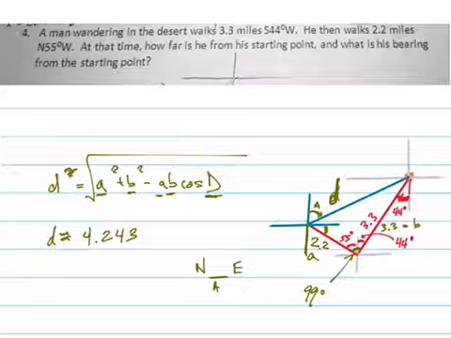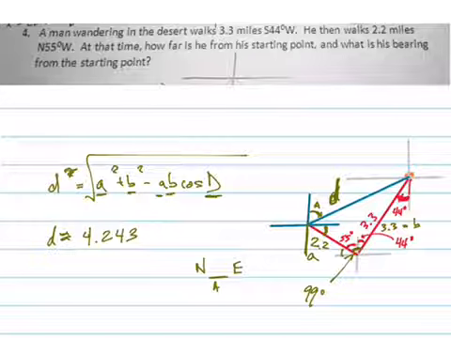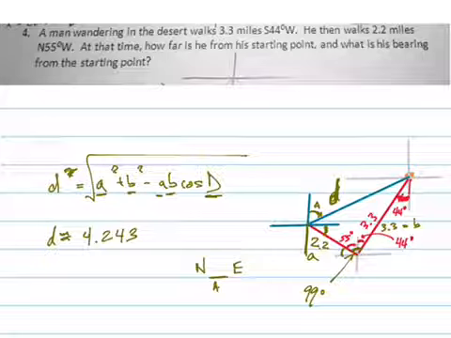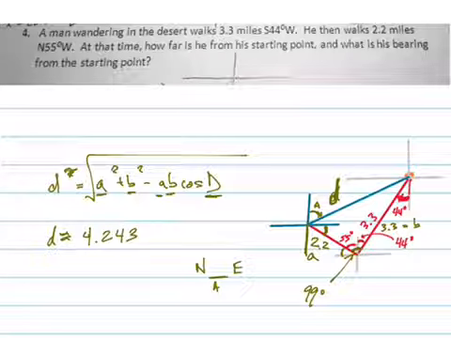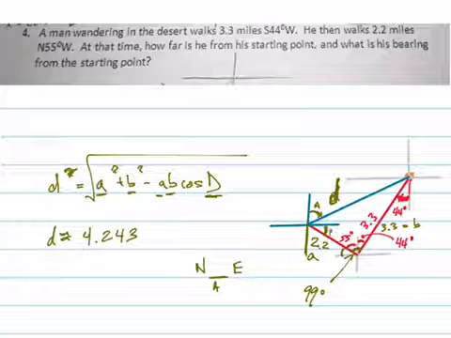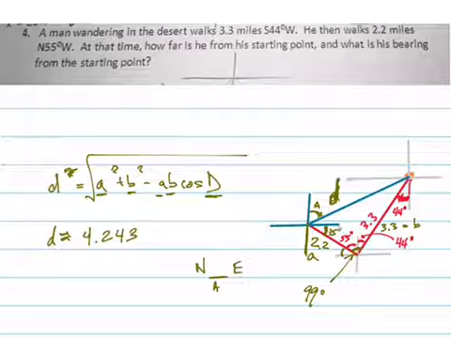That angle is the same as this angle, which is the complement of 55. So what is that? 35. So this angle is 35 degrees.